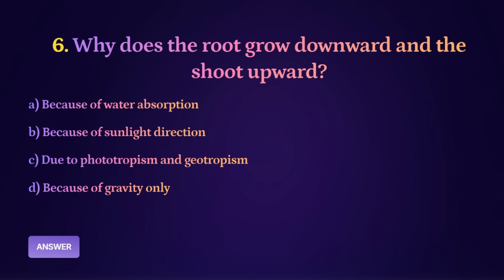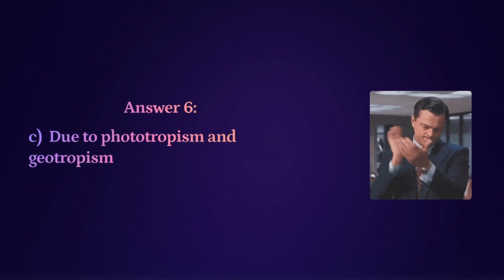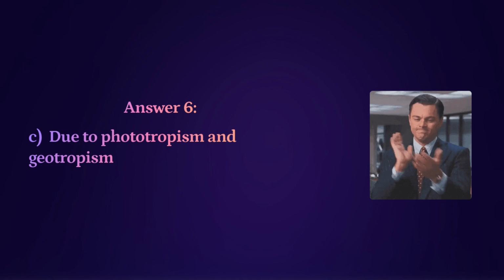Why does the root grow downward and the shoot grow upward? The options are A, because of the water absorption. Option B, because of sunlight direction. Option C, due to phototropism and geotropism. And option D is because of gravity only. And the correct answer is option C, that is due to phototropism and geotropism.